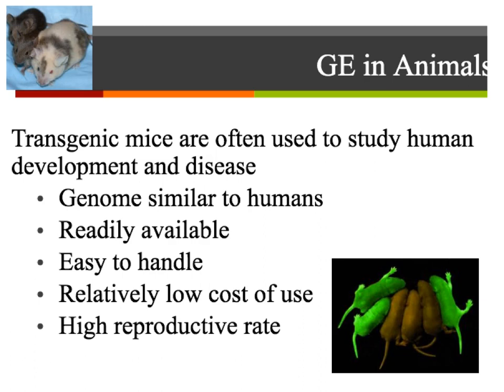So transgenic mice are often used to study human development and disease. So the answer in that one is what type of animal is often used? Mice. The genome is similar to humans, it's readily available, easy to handle, relatively low cost of use, and a high reproductive rate. And there is a think about and discuss question there that I want you to jot down an answer to.